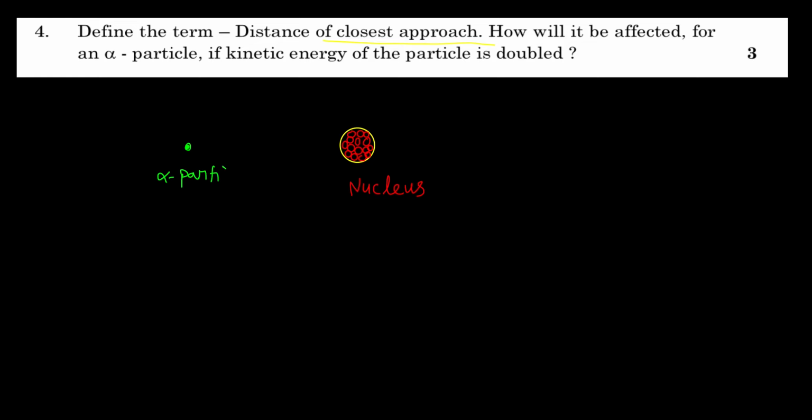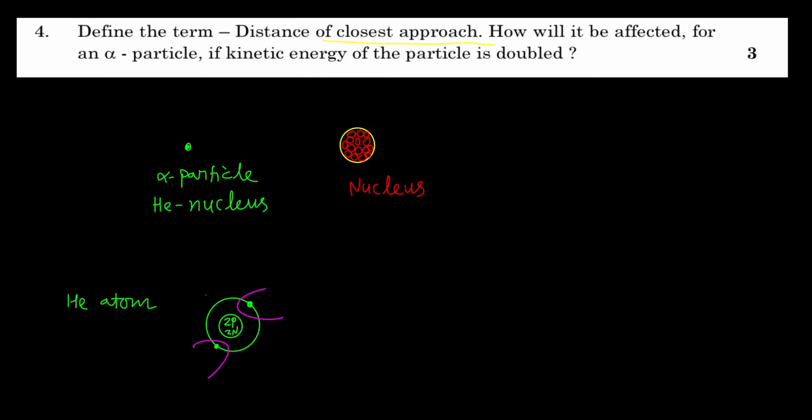And an alpha particle is nothing but a helium nucleus. So let's see what a helium atom is. A helium atom has a nucleus where two protons and two neutrons are present, and outside there is an electron orbit where two electrons are also present. So this is the structure of a helium atom, but if you want the helium nucleus, then you need to remove these two electrons.